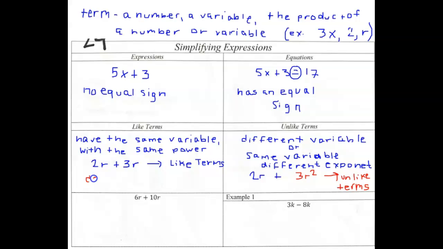So constant terms, or numbers, are always like. These are always like terms. Are we all on the same page?